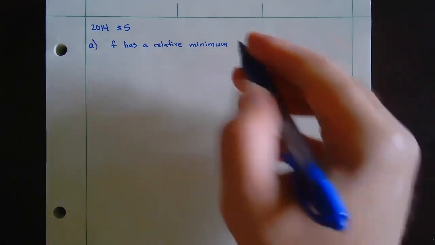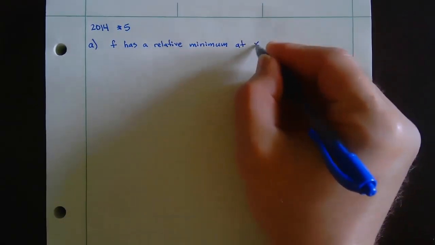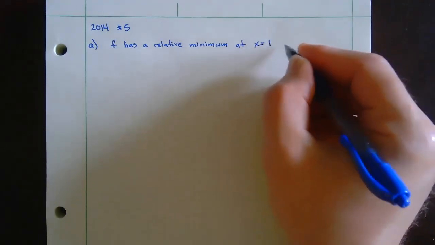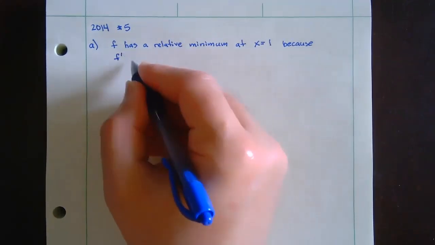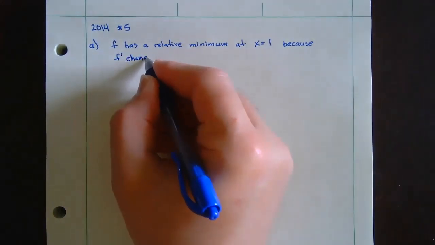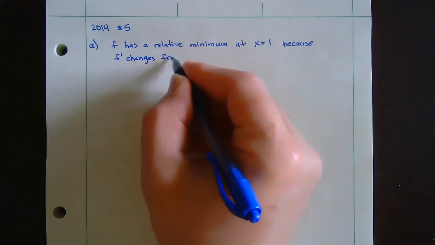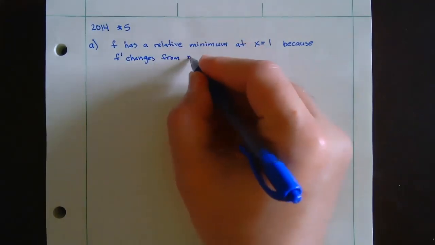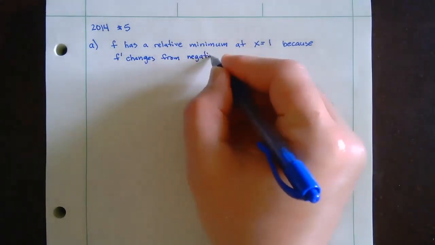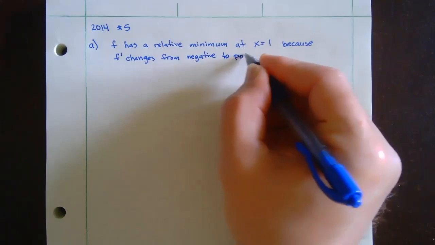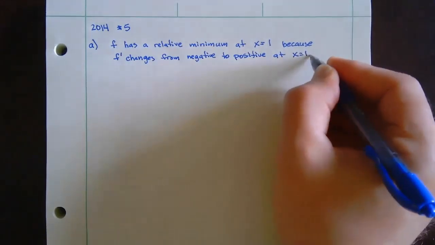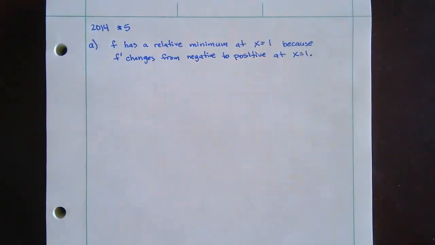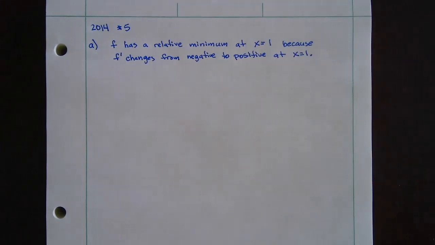So F has a relative minimum at x equals 1 because F prime changes from negative to positive at x equals 1. And that's enough. We're done with part A, okay? That's the justification for why there must be a relative minimum at x equals 1, okay?